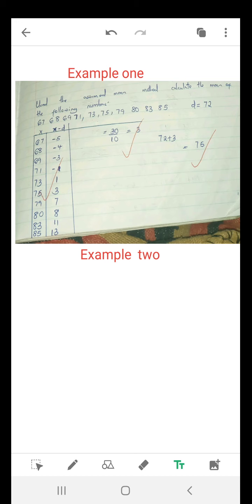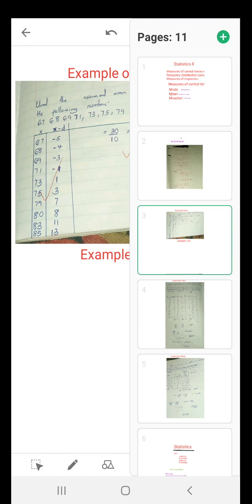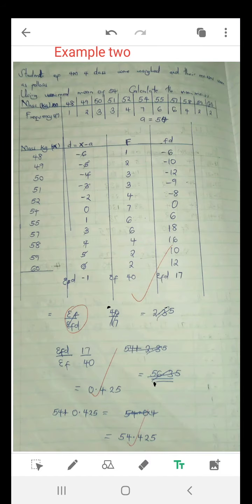That is ungrouped data. Let's look at example 2. So we have example 2 here.